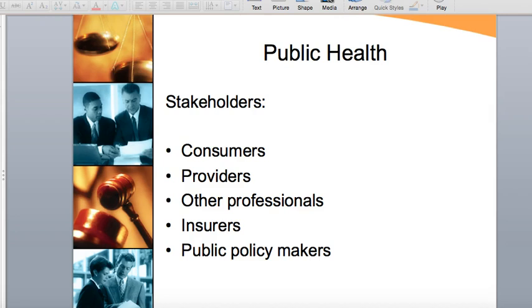Public policymakers should have a good idea of what their consumers are looking for, and ideally, they should be serving the needs of their consumers or their constituents. So their views should not differ much from consumers, but we know that's not the case.